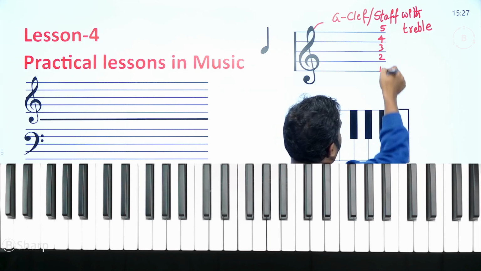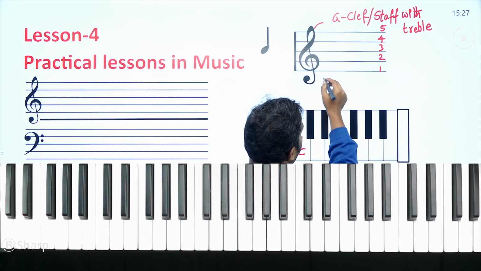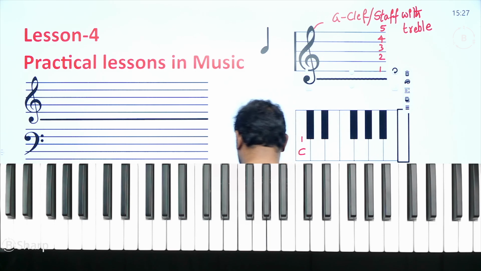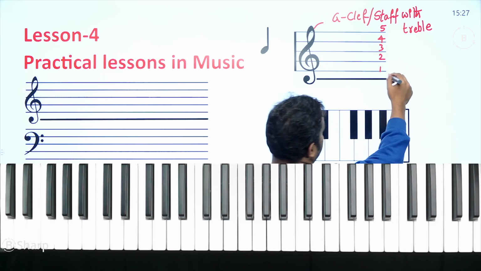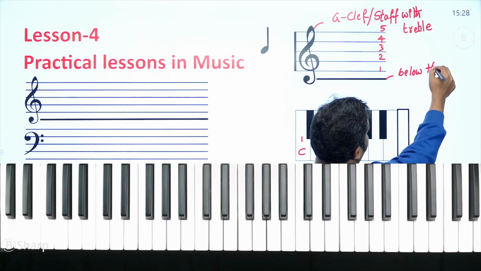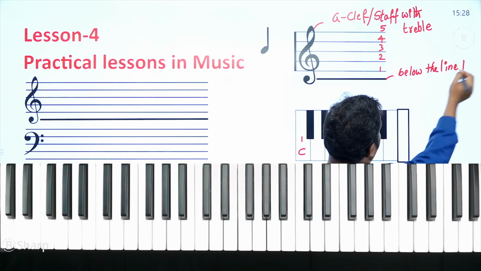Okay, so there are 5 equally spaced lines, and below this line you have to draw another extra line here. So this line is below the first line, below line 1.